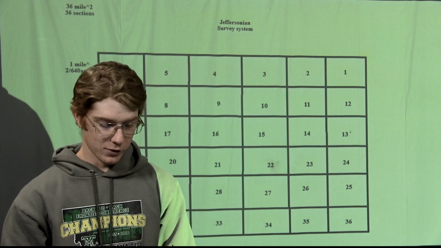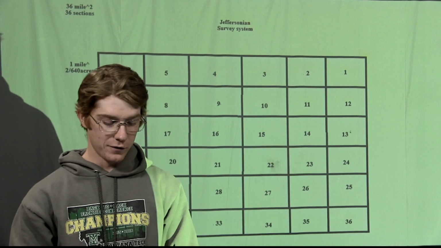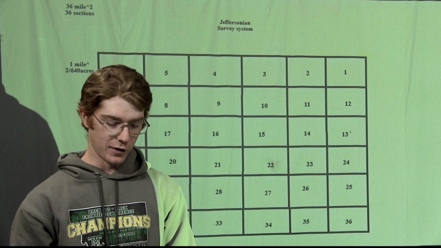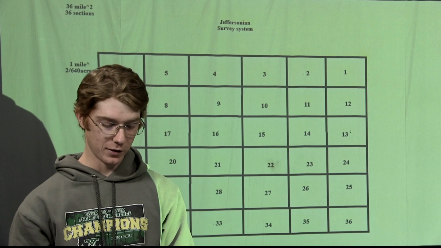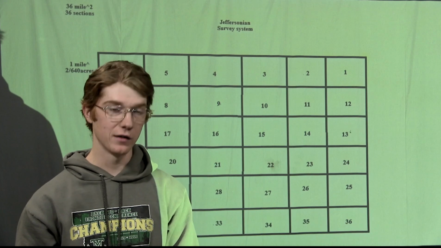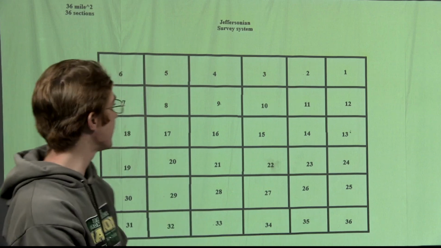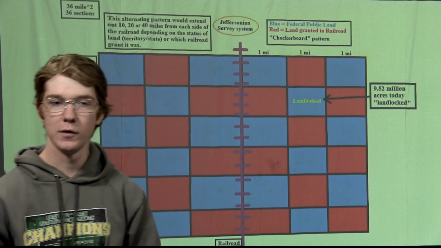How does the history of railroad land grants and the Unlawful Enclosures Act of 1885 help us to understand the two parts of the contemporary disputes about corner crossing and landlocked public lands? So I'm going to flick back to, here we go, railroad.